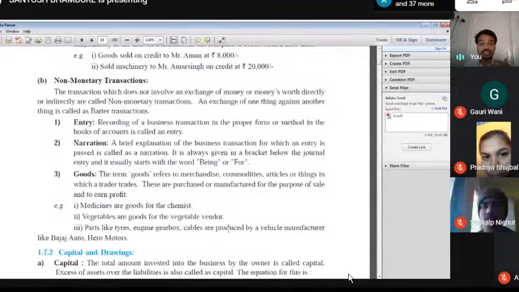Entry means enter. Lots of times we enter the house, we enter the college, we enter Pune, we enter my friend's home. Enter. So what is the meaning of enter? Yes, Sankalpa. Yes, sir. What is the meaning of enter?